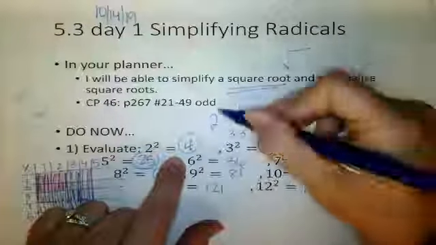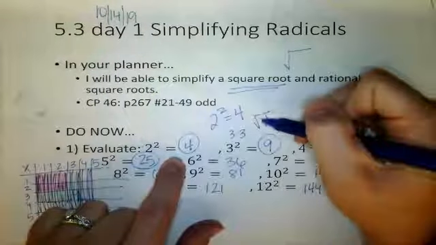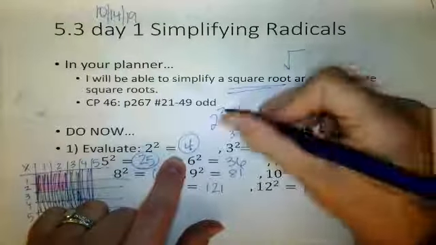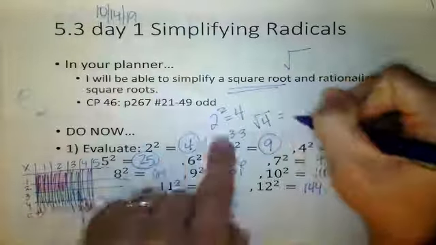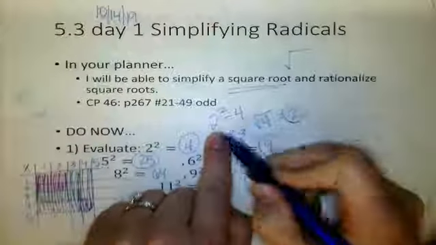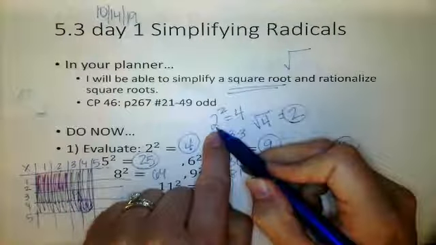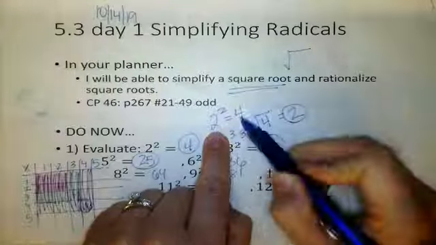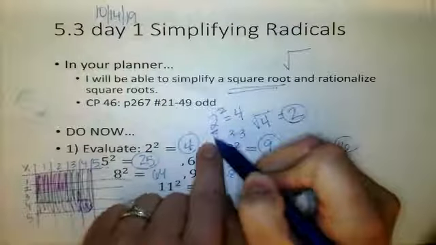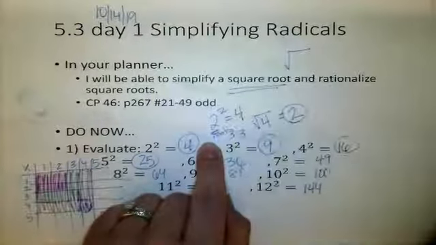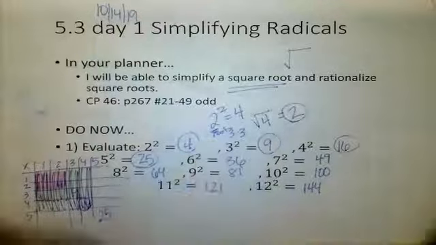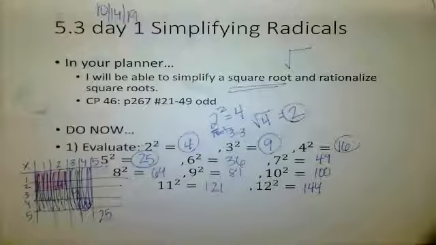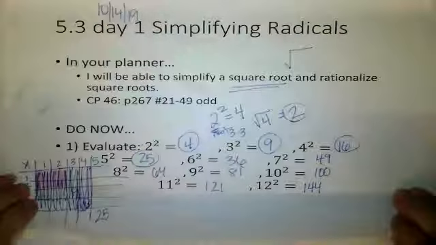It's the inverse of that exponent of 2. The square root of 4 takes us back down to its root, which is 2. So that is its root of 2. We're finding roots.